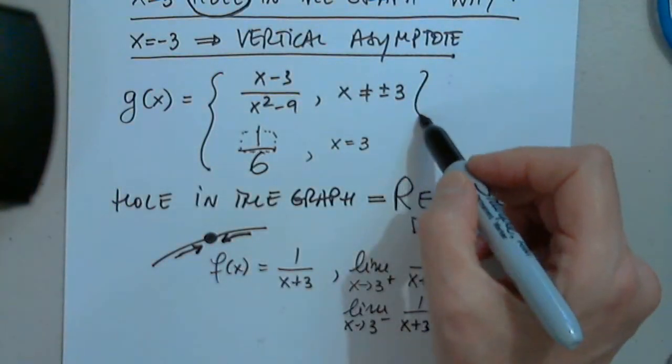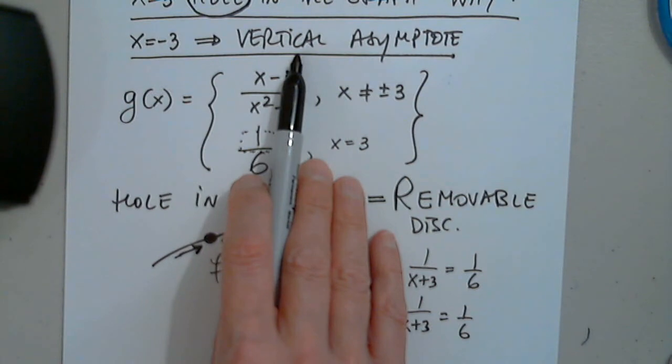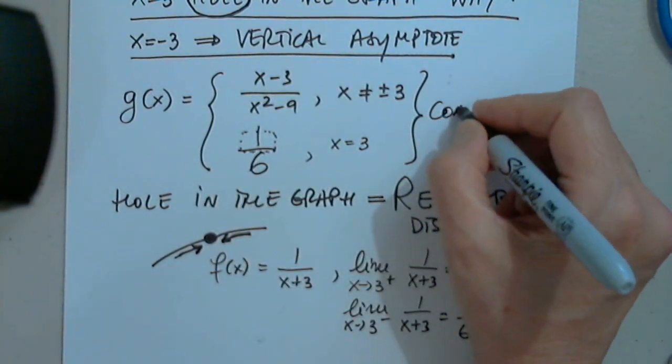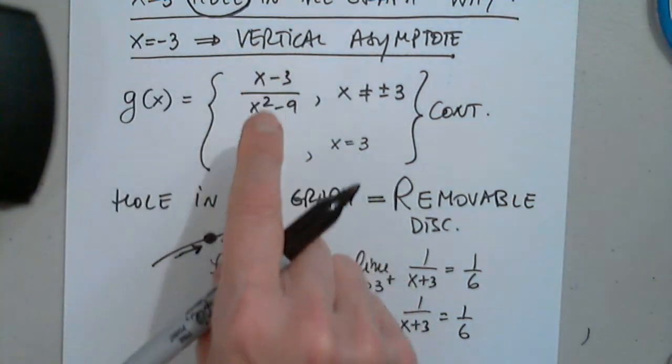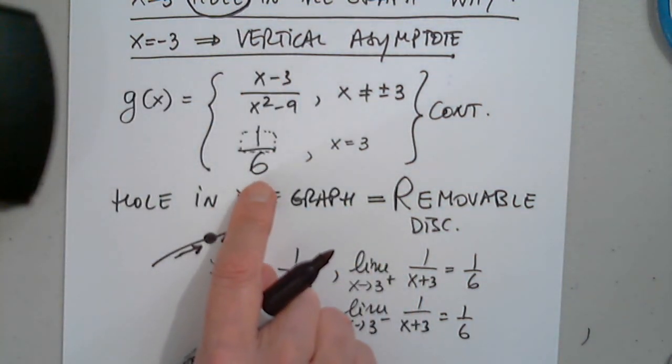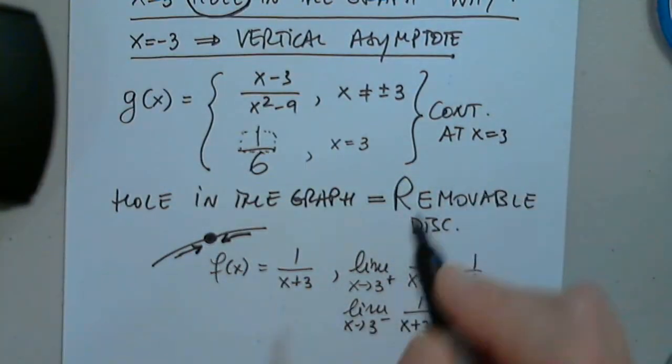So this function will never be continuous at negative 3. It's a vertical asymptote. But it's guaranteed to be continuous now at x equals 3. This new function we created from the original function, just change one value. Guaranteed.